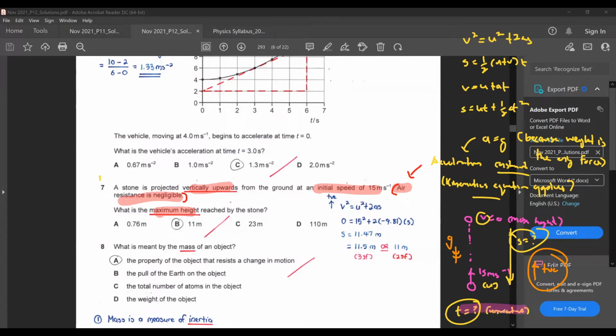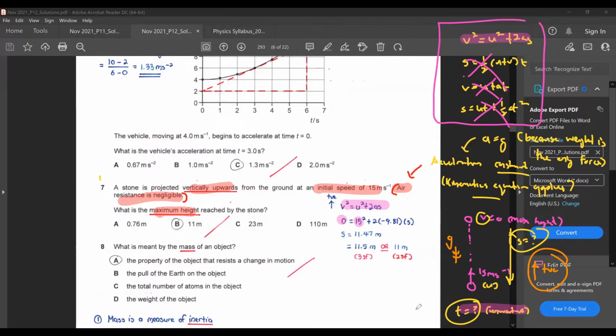It's unknown, but it's also unwanted. So knowing that t is unwanted, if you look at your kinematics equations, you automatically disregard anything with t. So this one is out, this one is out, this one is out. That leaves you with only the first equation. That's why I use v squared equals u squared plus 2as.